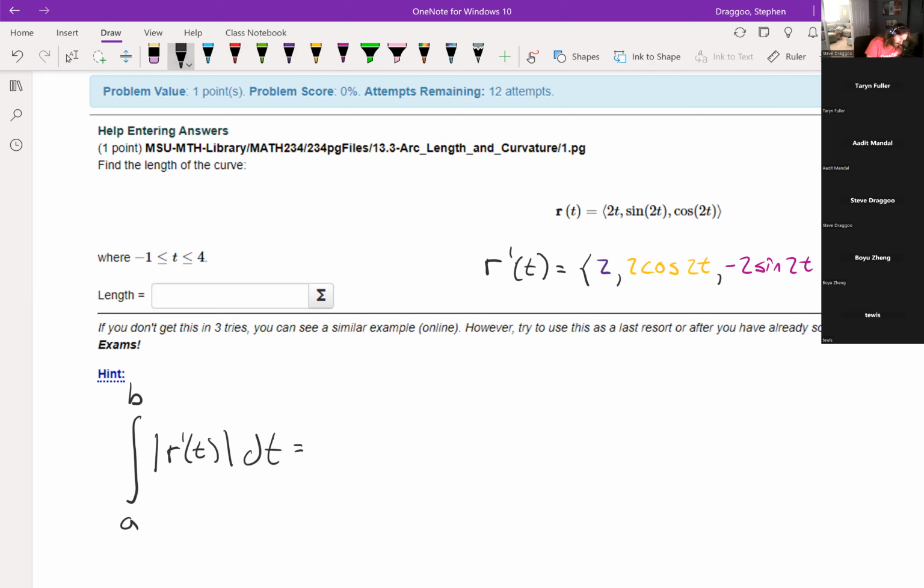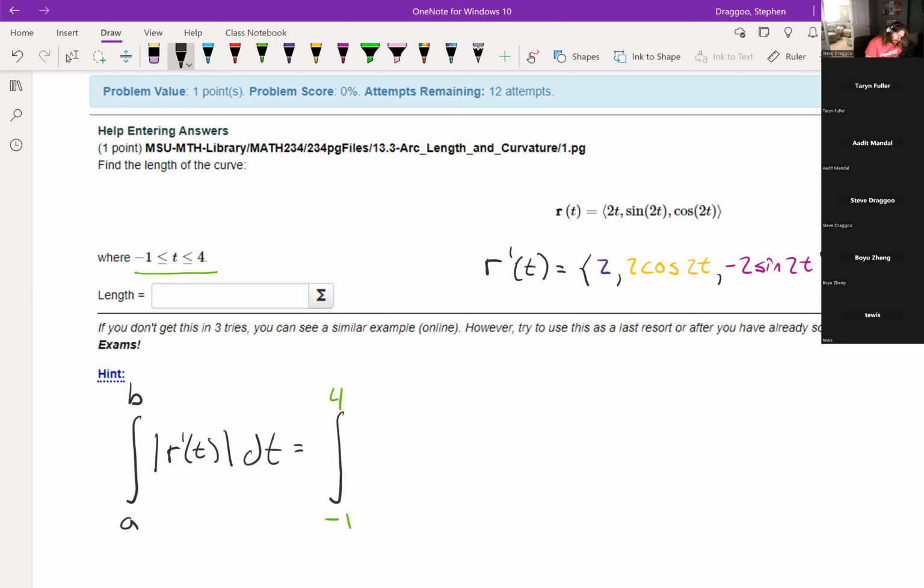Don't forget the chain rule, which is why those 2's come out of the sine and cosine. Right, so there's our derivative vector. We need the values to go between. Looks like t is in between -1 and 4. Okay, so -1 up to 4.